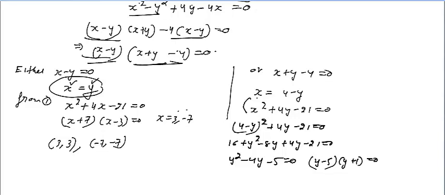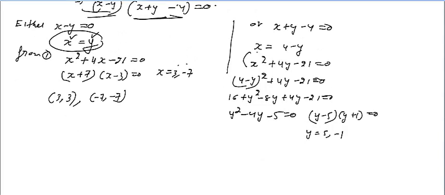So you get y is equal to 5 and minus 1, two values of y. When y is equal to 5, x is 4 minus 5, which is minus 1. And when y is equal to minus 1, x is 5.